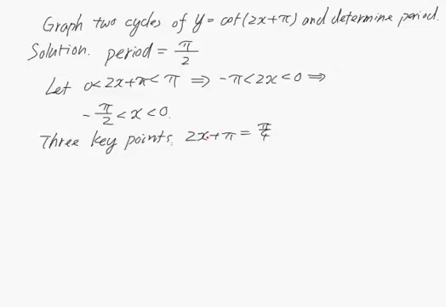So if 2x plus pi equals pi over 4, then we get 2x equal to negative 3 pi over 4, right? And then we get x equal to negative 3 pi over 8.